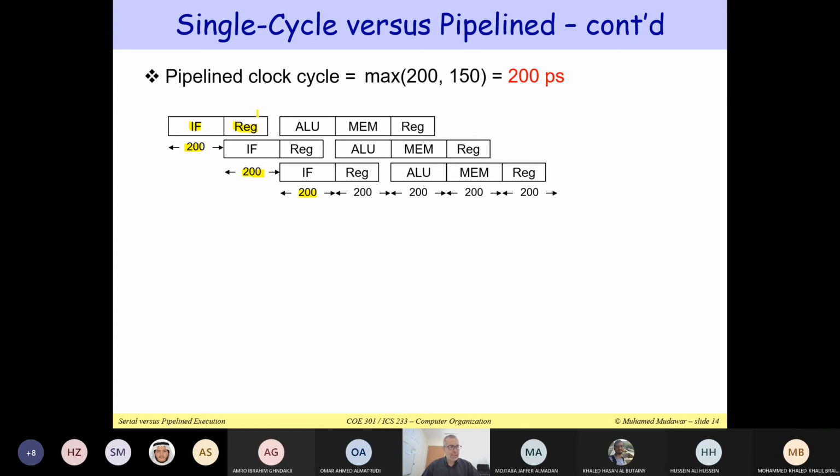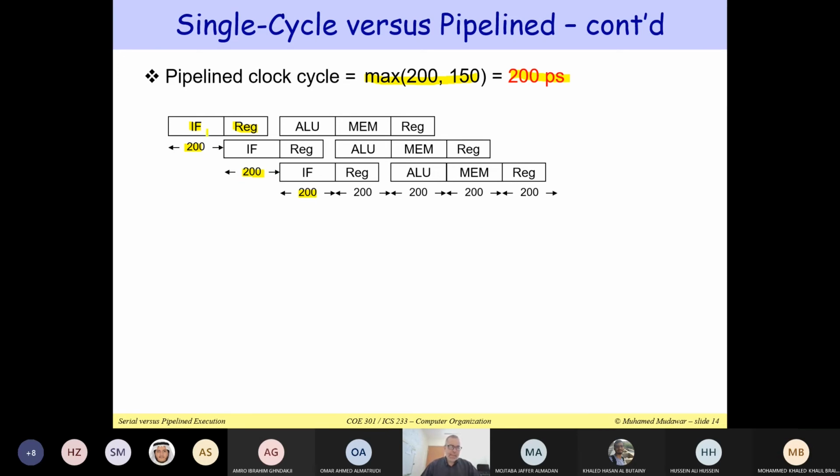In the second stage, it takes only 150. But even if it takes 150, we fix the clock because we cannot change the clock. We fix the clock frequency. Therefore, the clock cycle will be 200 picoseconds, even though this will finish early. That's fine. So we always go by the maximum delay at any stage. So the maximum delay here is 200 picoseconds.